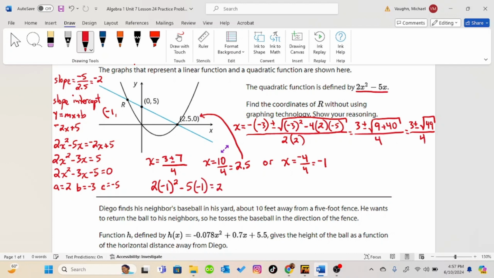Negative 1 squared is 1. 2 times 1 is 2. Negative 5 times negative 1 is positive 5. And 2 plus 5 is 7. So R is at negative 1, 7.